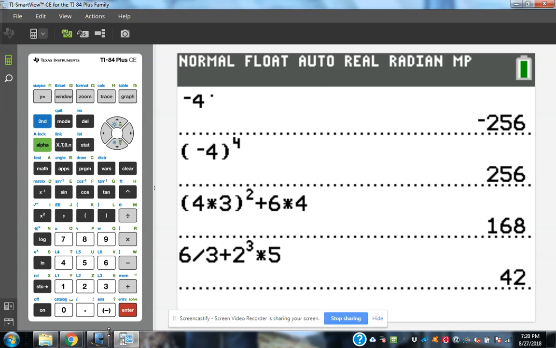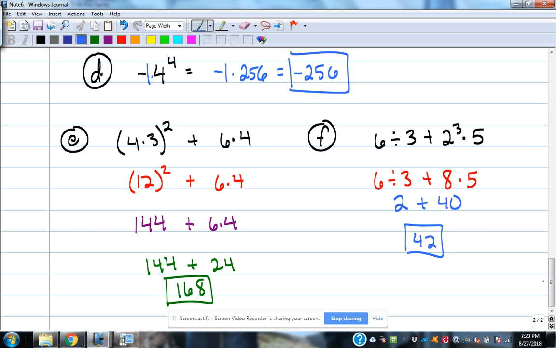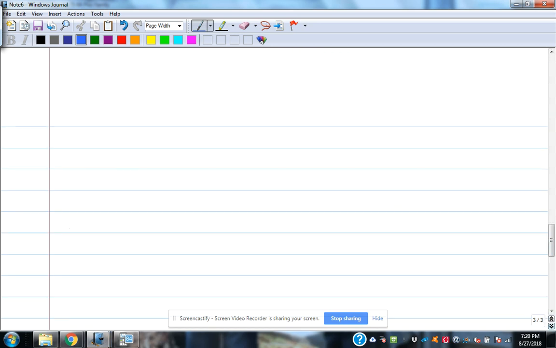Don't jump to the calculator automatically, even though it's nice. Think a little bit. It's going to help you. I tell my Algebra 1 students that I have right now, they're freshmen in high school, try not grabbing your calculator today.